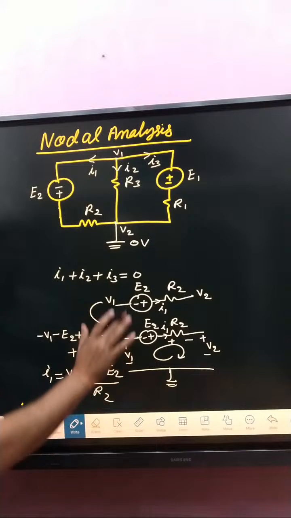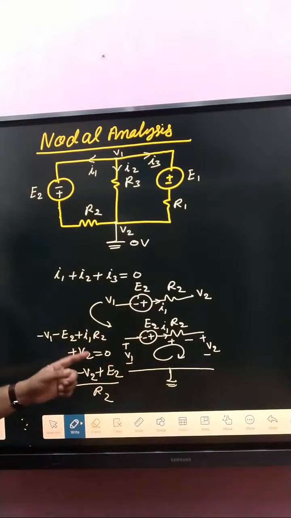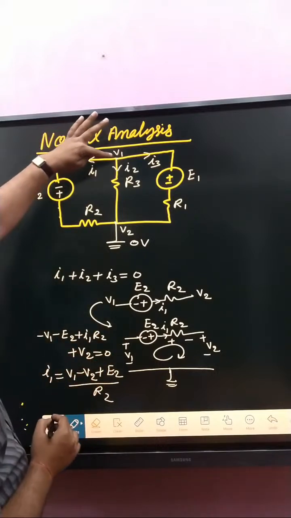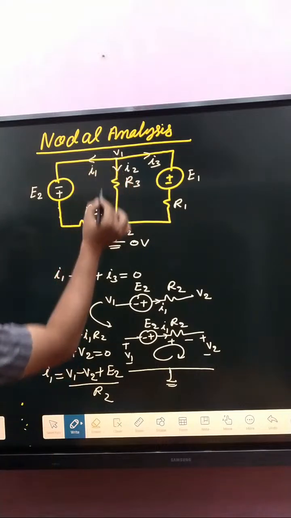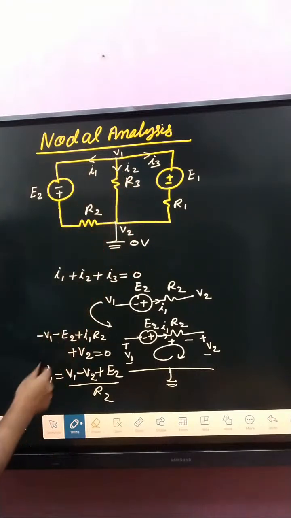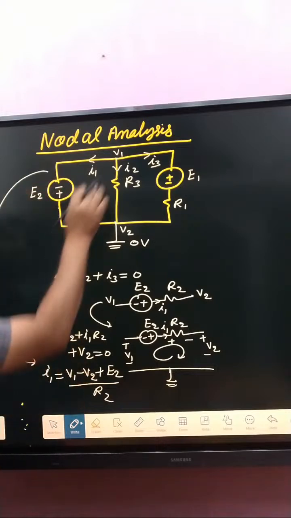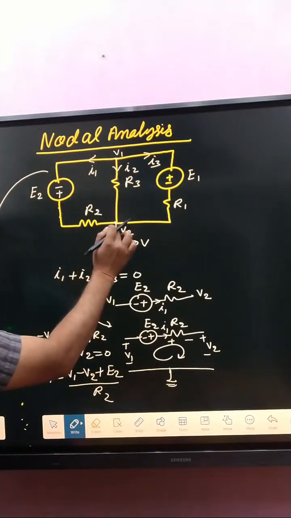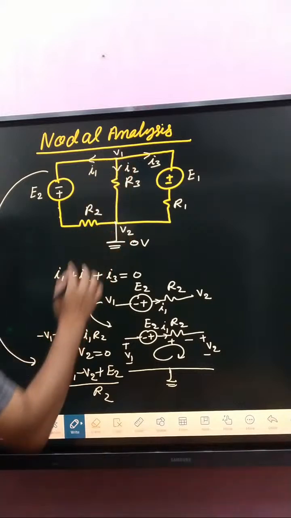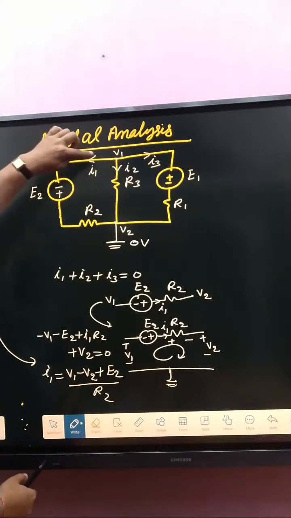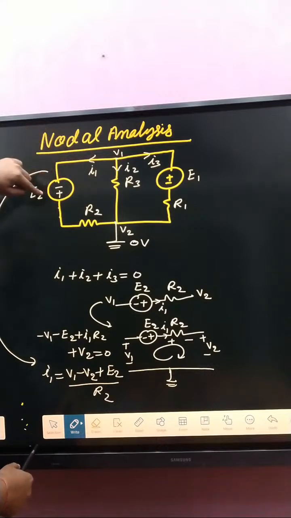After that I'll take a screenshot, then I will move on. So if you determine I1, it is V1 minus V2, and if any voltage source is connected here, that is positive and here negative.